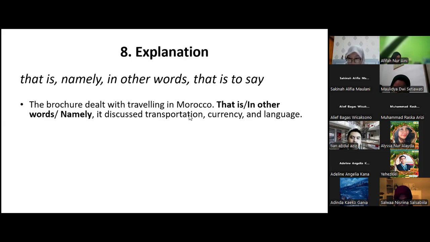And the second sentence gives an explanation about the brochure: it discusses transportation, currency, and language. So we use connectors, that is, or in other words, or namely, to give more explanation about the brochure in the first sentence.